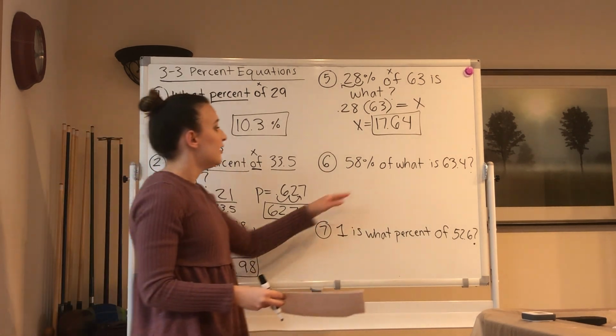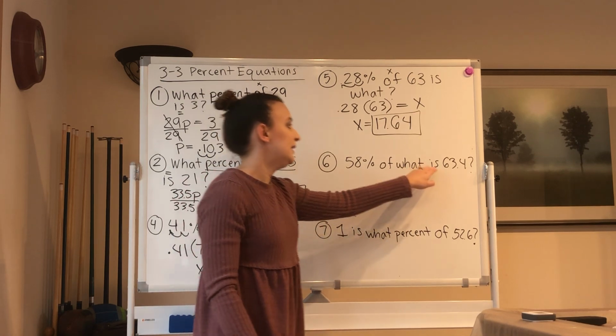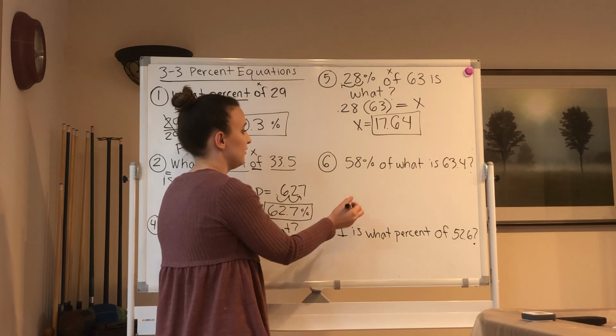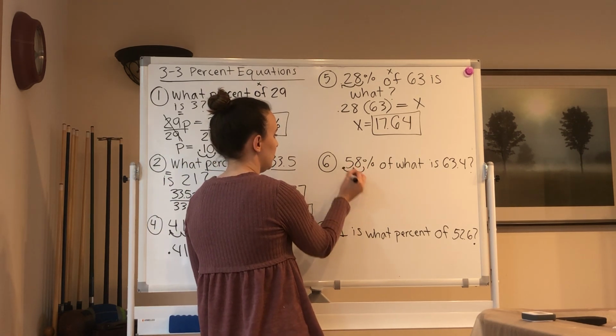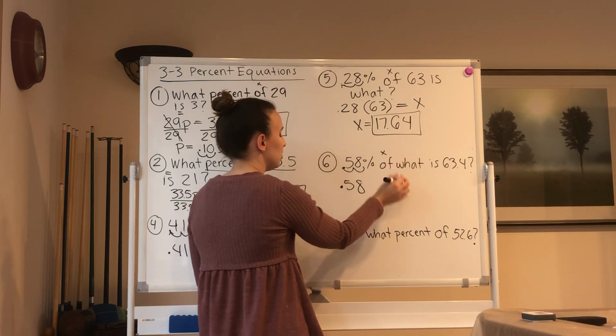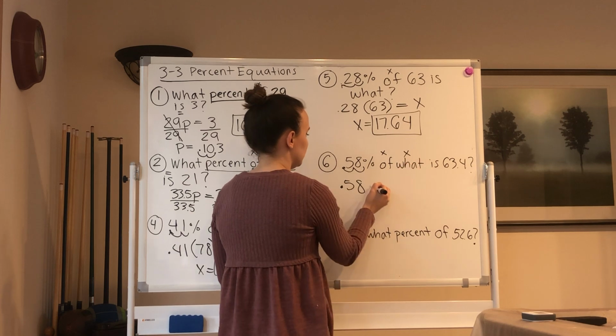Okay, number 6. 58% of what is 63.4? 58%, we'll convert that to a decimal. That's 0.58. Of means multiply. What number? Let's call it x.